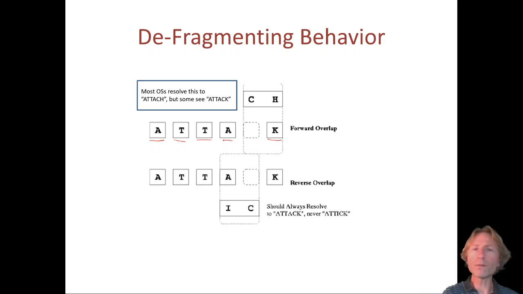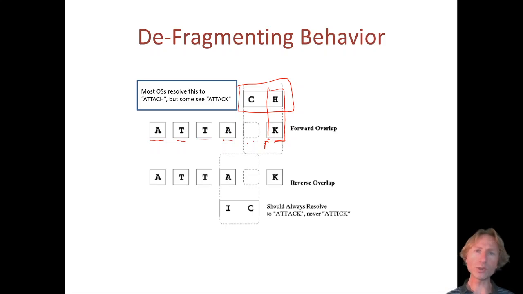So the offset is such that it sits a little bit beyond the bytes that are still missing. Okay, and then at some point later, it receives an additional packet which contains C and H, where H, this part, overlaps with the part that we've already received.